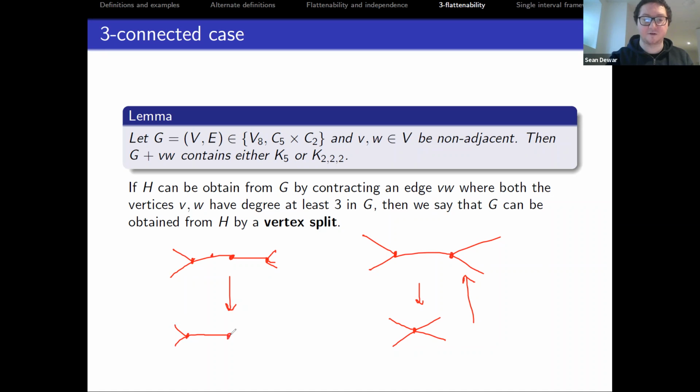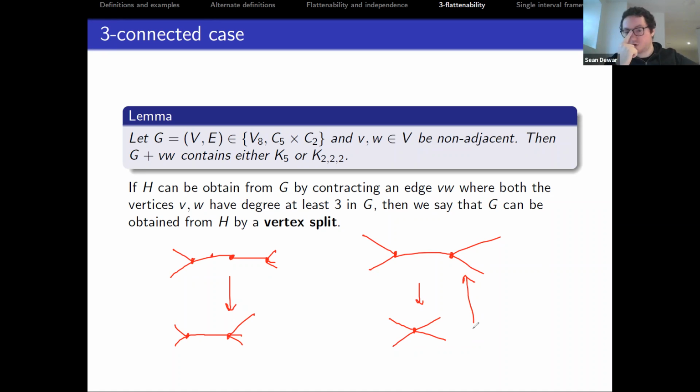And then we're going to get this other vertex over here with the 3 edges sticking out. So we've gone from here to here. Now, this is not called a vertex split, basically. And the reason is, if you look at it, going from here to here, all you have to do is subdivide an edge. Well, from here to here, you can't. That's not how you got them. That's not how you went from H to G. Does that make sense?